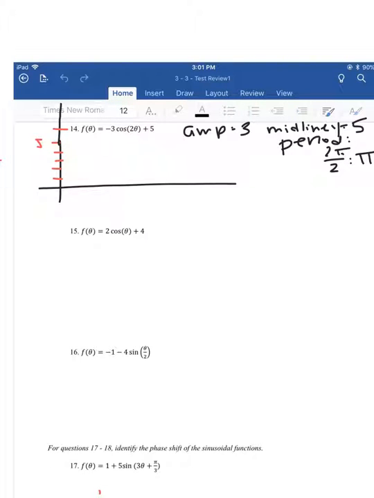So I have 1, 2, 3 up to 8, and then down 3 to 2. So now I have my x-axis. Every 4 dashes represents one cycle. So one cycle gives me pi. And I have 1, 2, 3, 4. Pi plus pi is 2 pi. I stop there. I stop at 2 pi. Cosine negative, I start underneath my midline and then I come up.